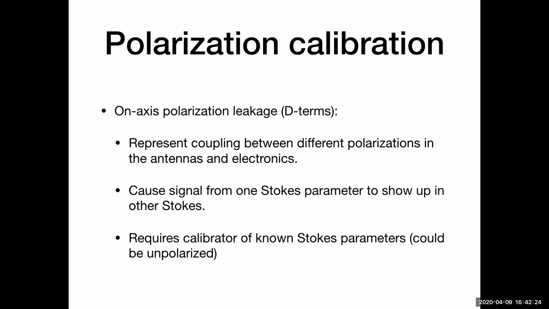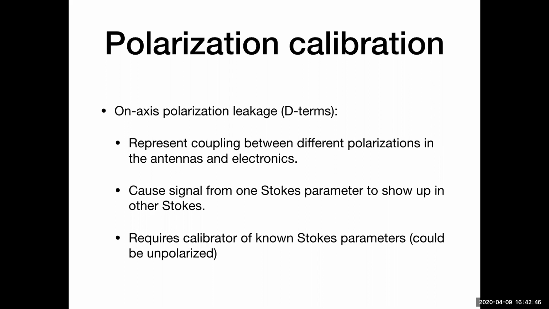And the idea then is you want to try to remove this in calibration, so typically this means having a calibrator with known Stokes parameters, and you look at the differences between the known value and what you measure.